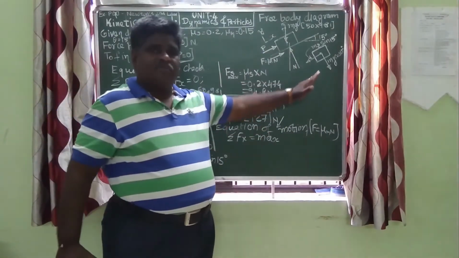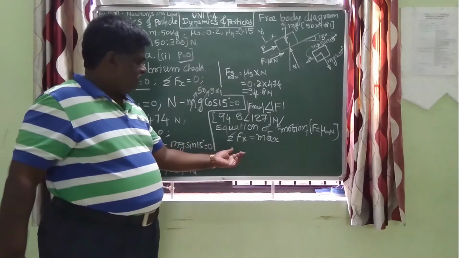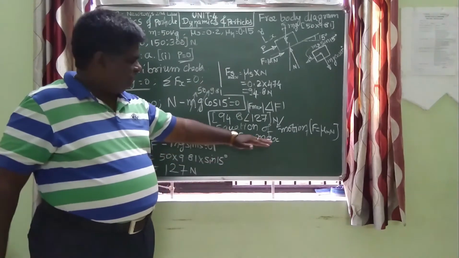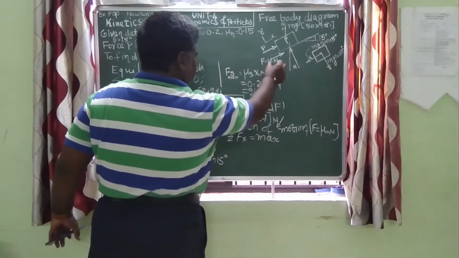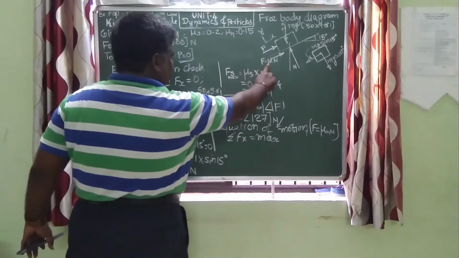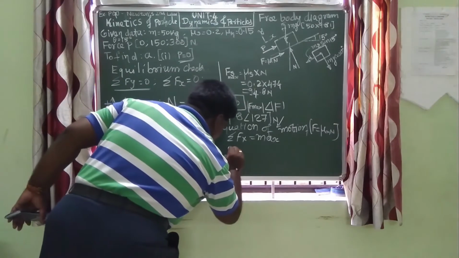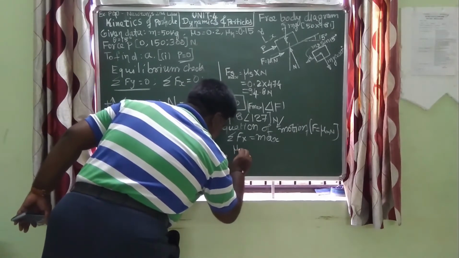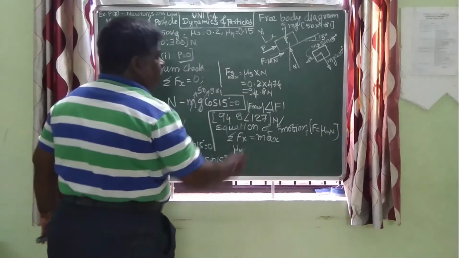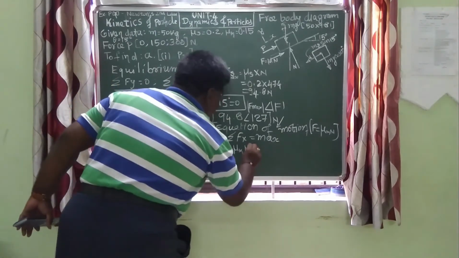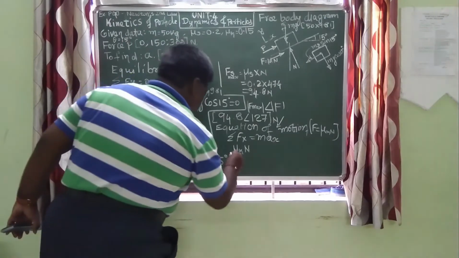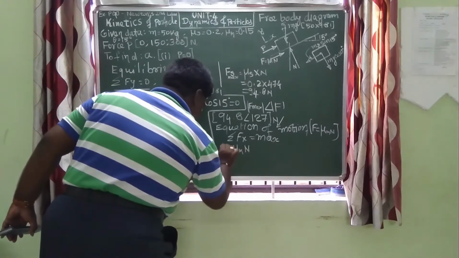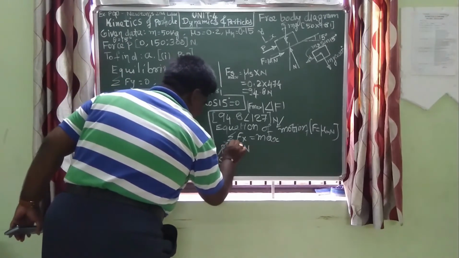Now from the free body diagram, form the governing equation along the x direction. In the positive direction, one force is friction, coefficient mu k times N. Another force is P, this is 0.